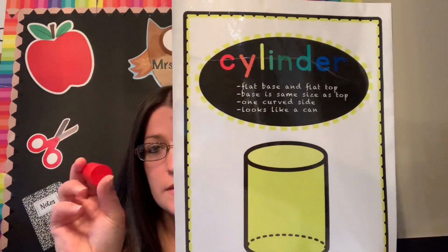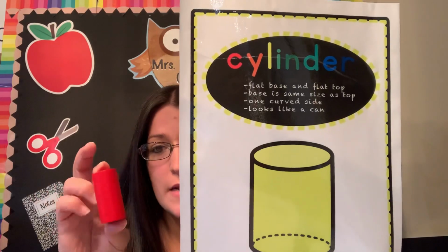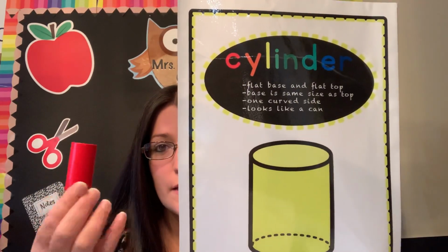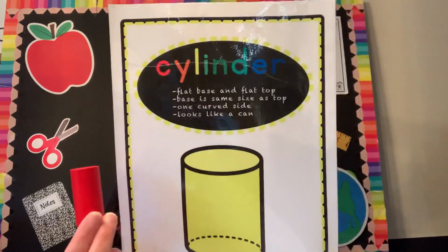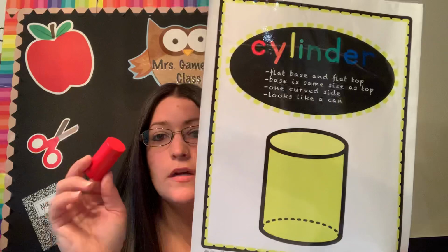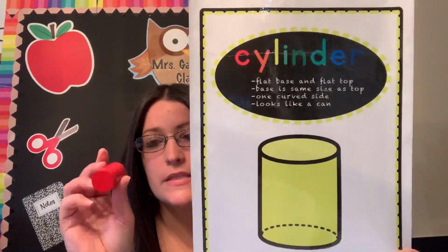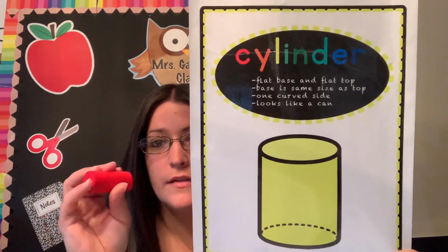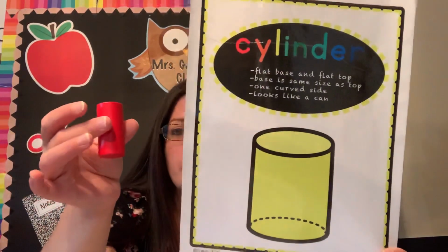So it has a base, it has sides, and it is round all the way around. This is a cylinder. It looks like a can. It has one curved big side, and the base is the same size as the top, and they are flat on the ends. That is what a cylinder looks like.